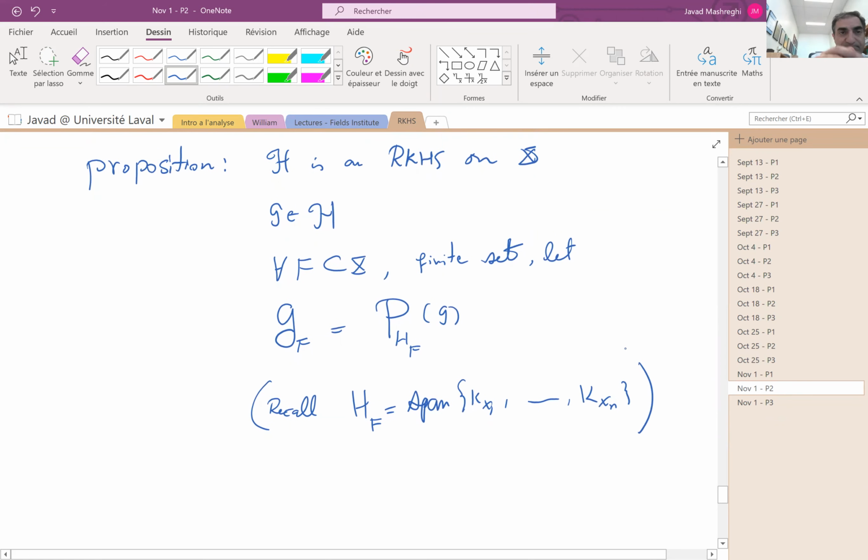Or, because I didn't mention x1 up to xn, it's better to say the span of kx, x in F, F is a finite set. This is better.